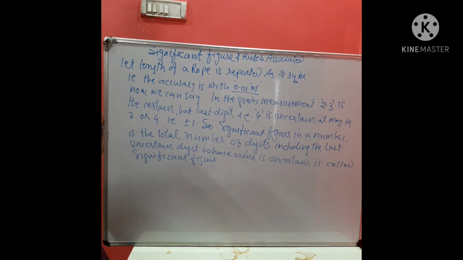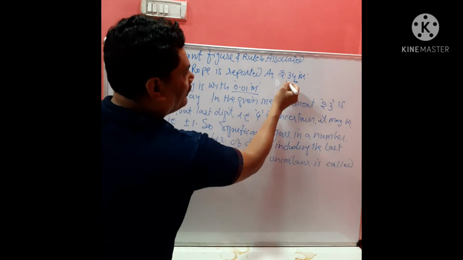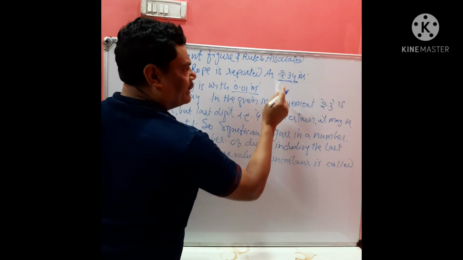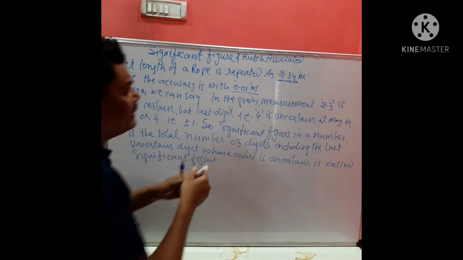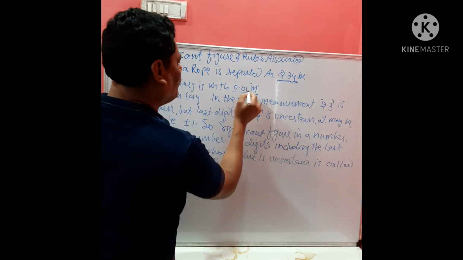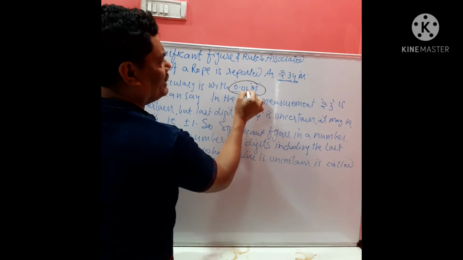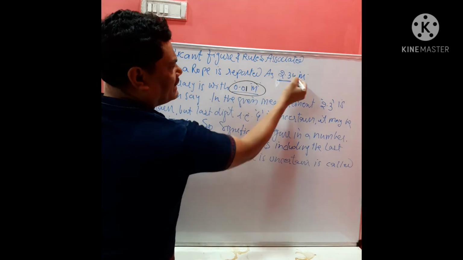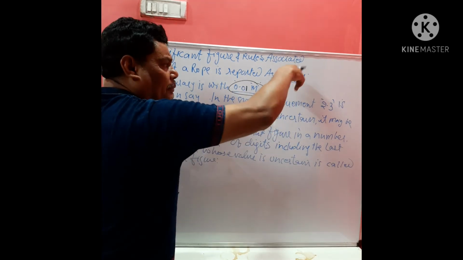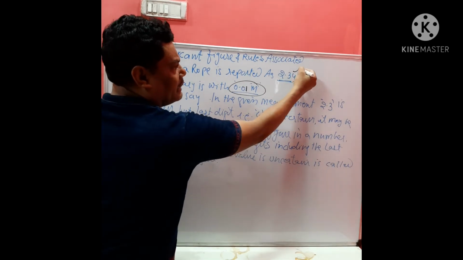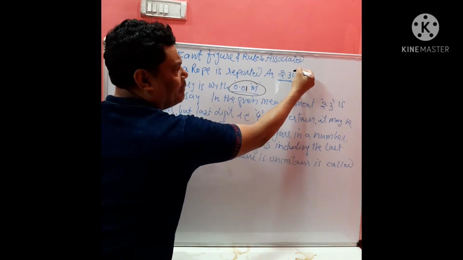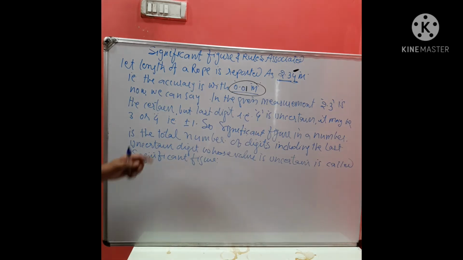That means, student, up to 2.3 it is 100% sure, but what about the last digit? The accuracy, that is the least count, is 0.01. It means this last digit may be either plus 1 or minus 1, so there is uncertainty in this digit. So what is the significant figure?